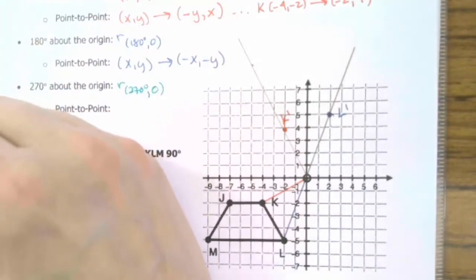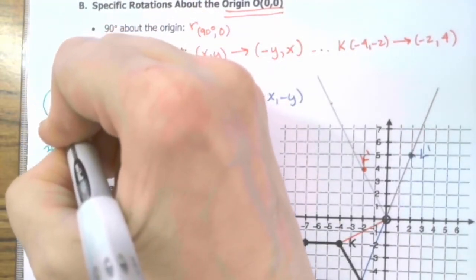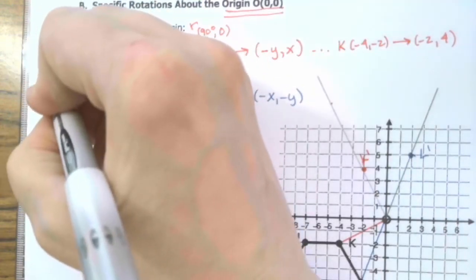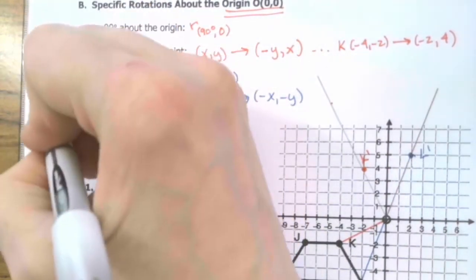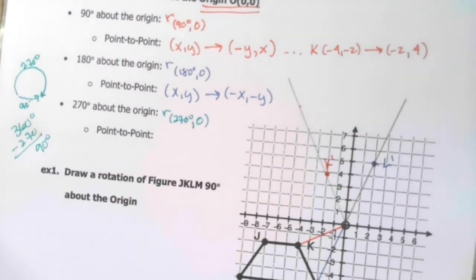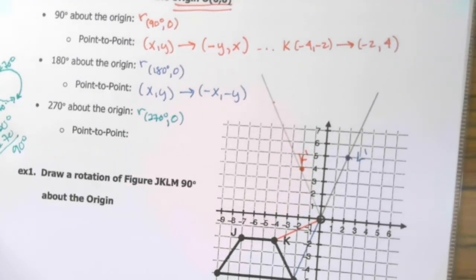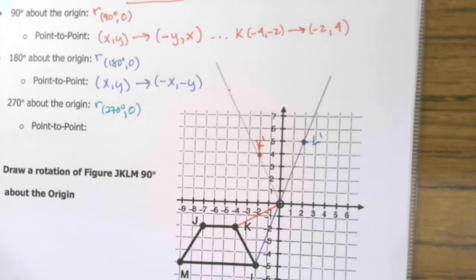So 270 degrees clockwise is also 90 degrees counterclockwise. So we can go 90 degrees counterclockwise. Let's use L again. We already have the line drawn.